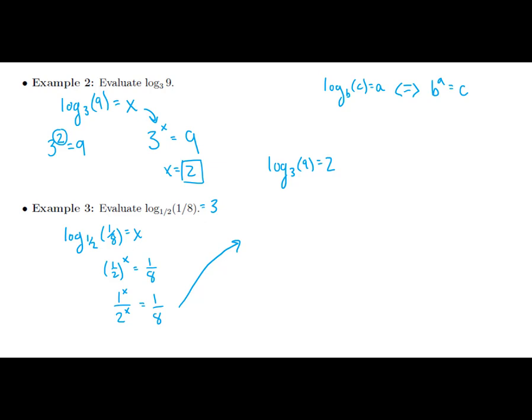But 1 raised to anything is just going to be 1. So this is 1 over 2 to the x is equal to 1 over 8. But again, we know that if I raise 2 to the third power, I get 8. So we get that x must be equal to 3.